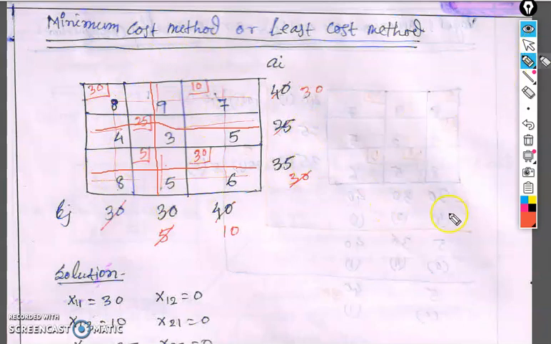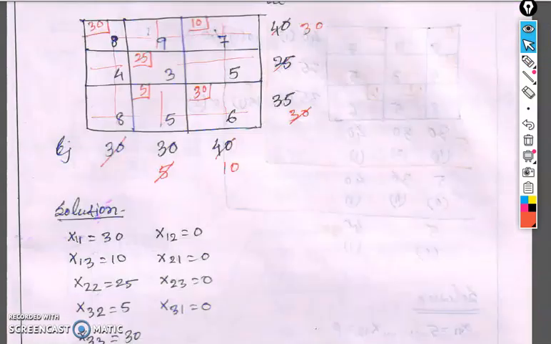Now we write the solution of this problem using the initial basic feasible solution.